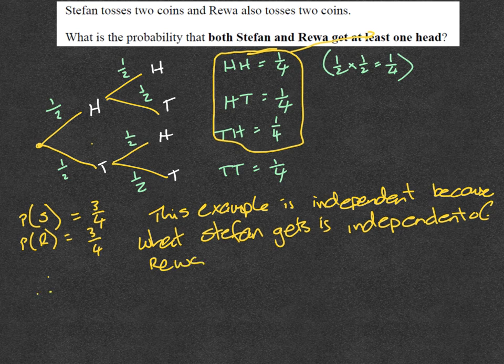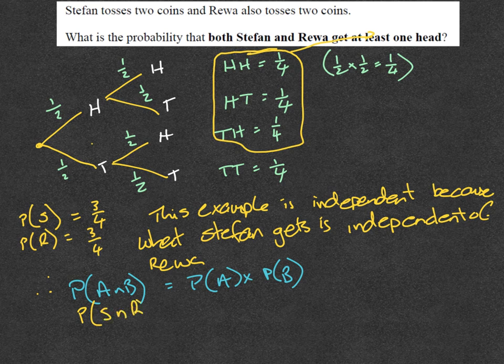Therefore, the equation for this is that the probability of A intersection B is equal to the probability of A times the probability of B. So in this case, the probability of Stefan and Rewa, so it's an and, that they both get at least 1 head is equal to the probability of A, which is 3/4.